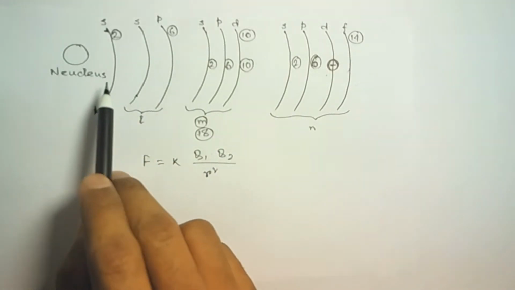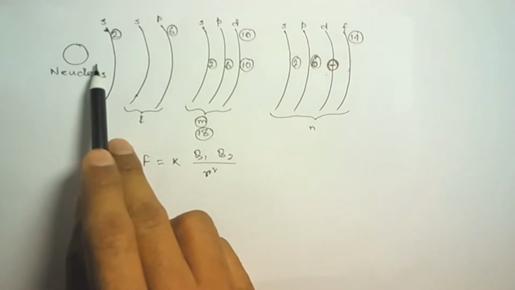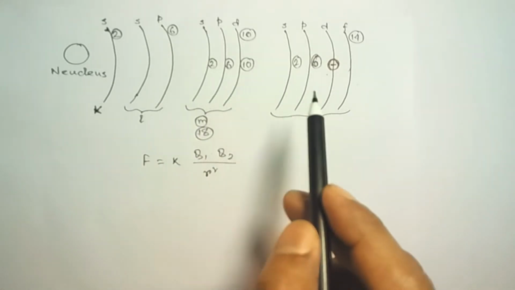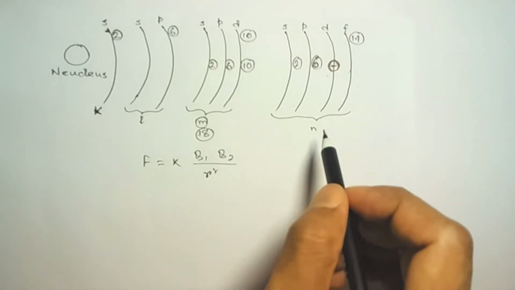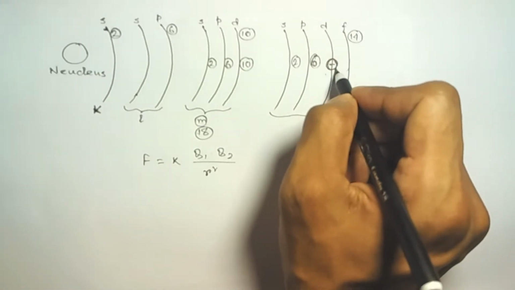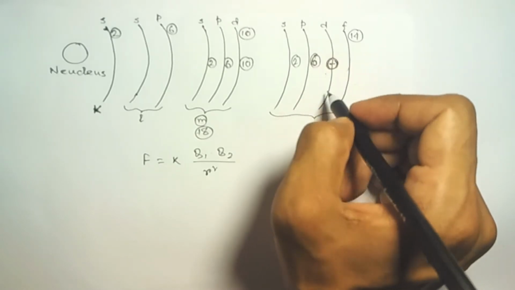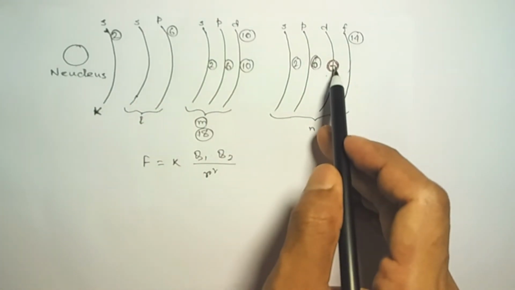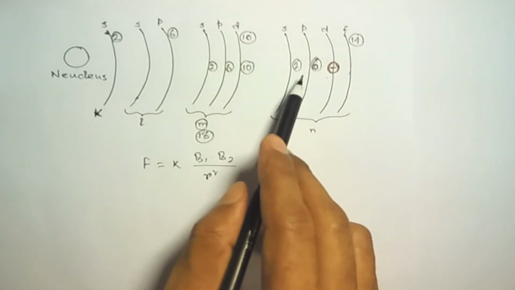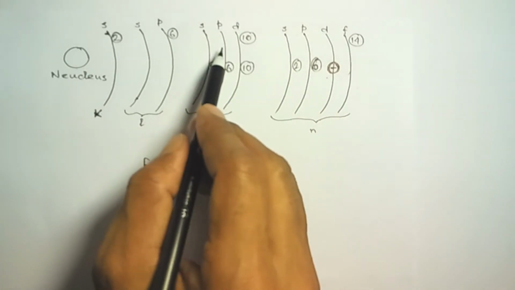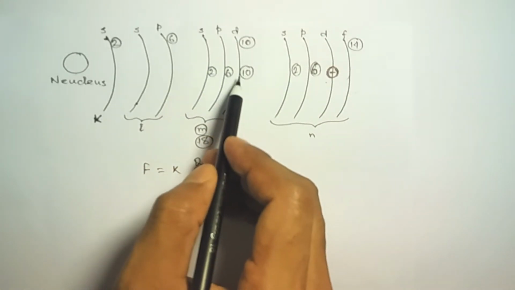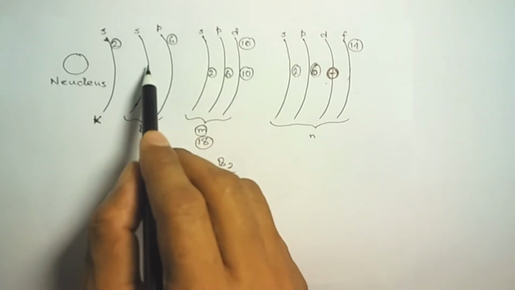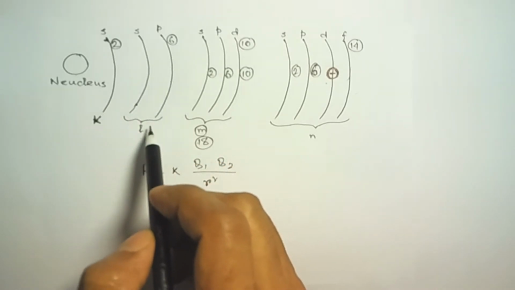So we can see the distance from this nucleus is increasing as we are moving towards the M or N shell, and we have considered there is only one electron in this D subshell. The distance from the nucleus to the D subshell of the N shell is much higher than the P or D subshell of this M. It is also higher than the S or P subshell of the L shell.